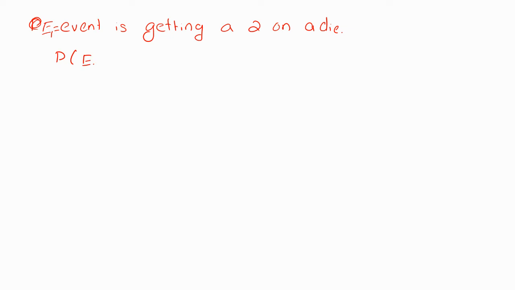Now suppose the event is getting a 2 on a die. This is my E1 event, and the probability of getting E1 is 1 by 6. Now E2 is my event such that the event is not getting a 2.